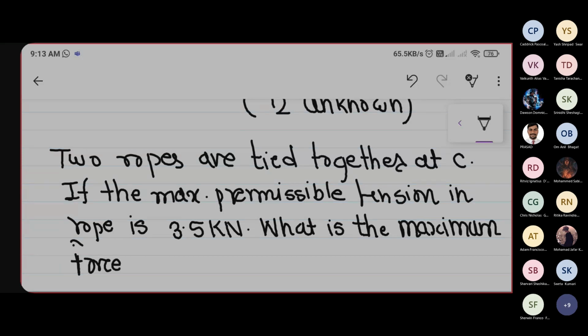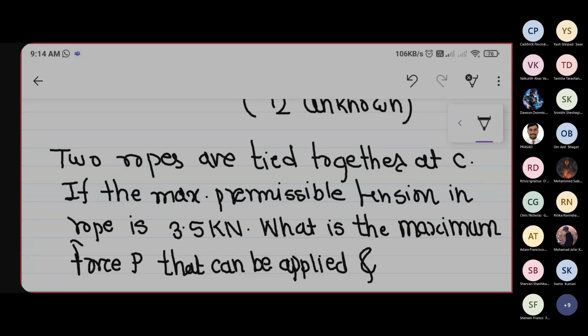Everyone please note down this statement: force P that can be applied, and in what direction? Please note this down.